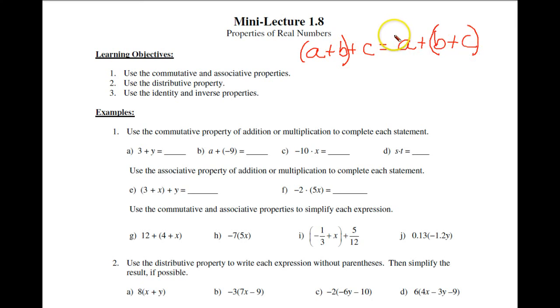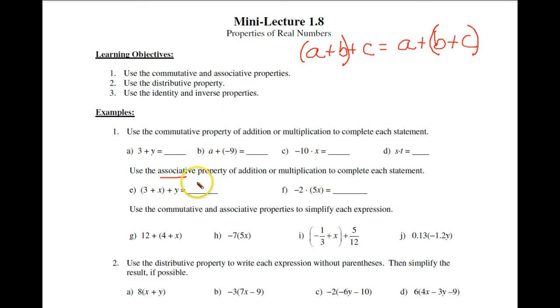So what is this saying to do? Well, you do this first, and then you add the C. And on this side, you do this first, and then you add the A. This is true, and the principle for this is the associative principle. So keep in mind that in the associative principle, the order is the same. It's just the grouping that is different.